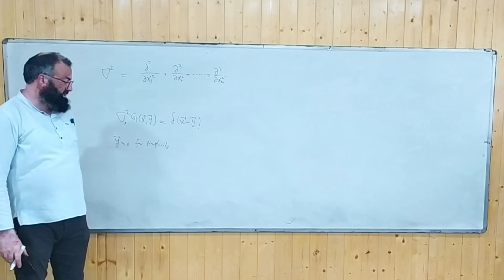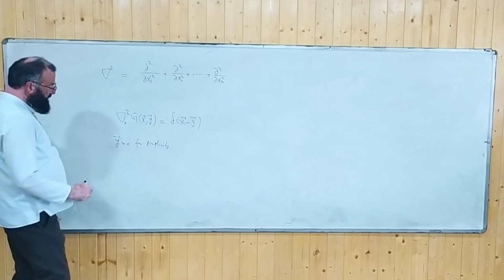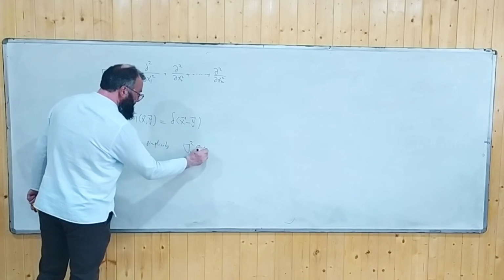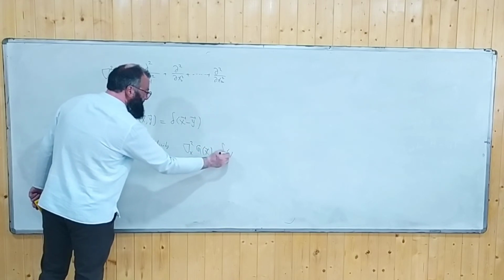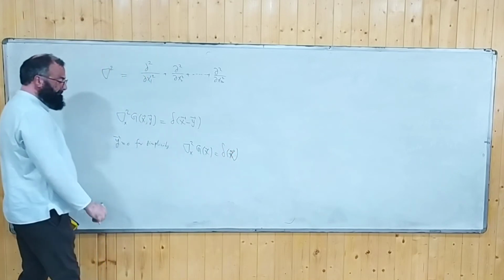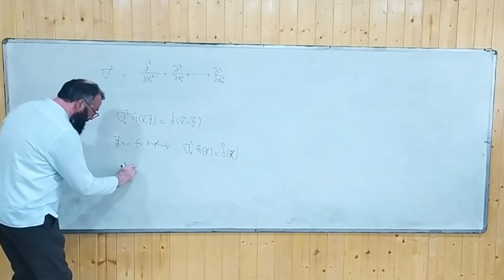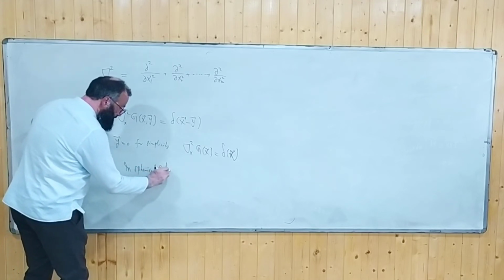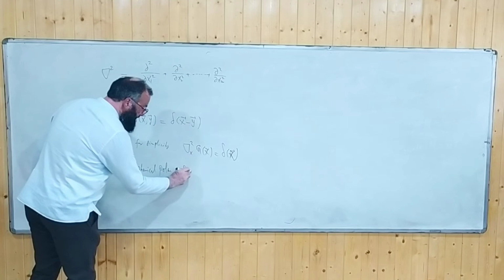So it is actually Laplace g of x equal to delta. It becomes simple to put the origin. So now in spherical polar coordinates, this equation can be written as follows.